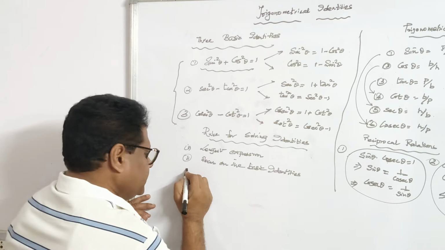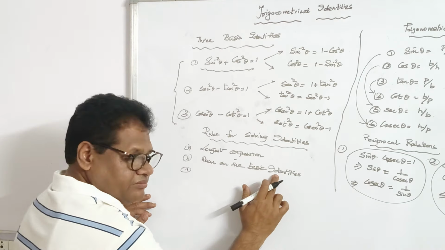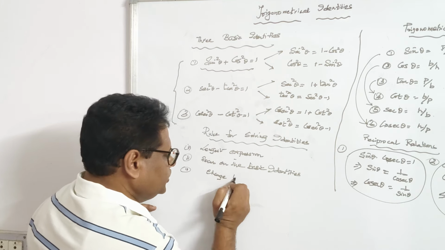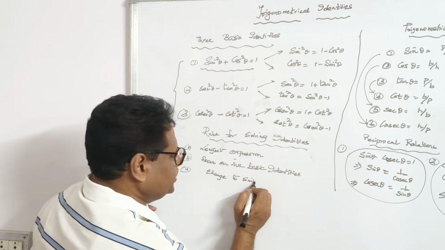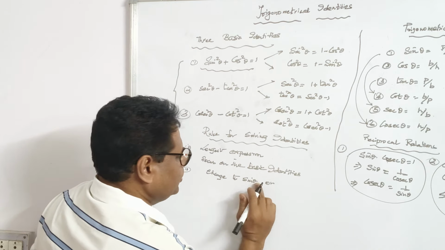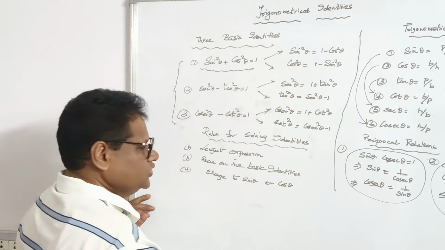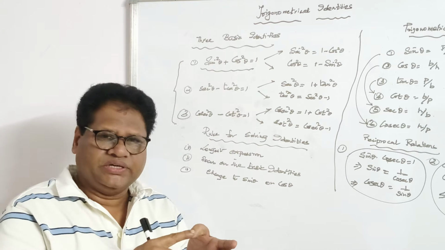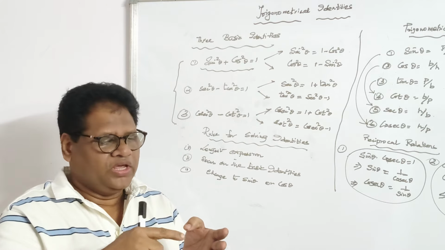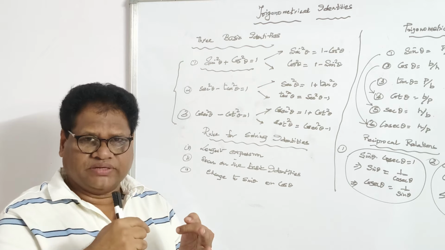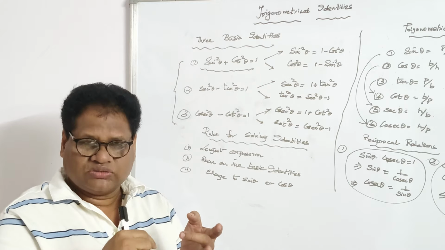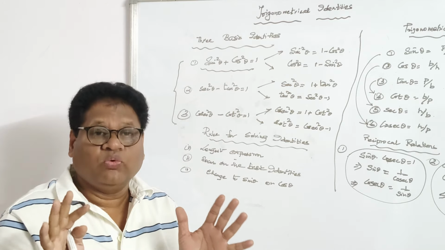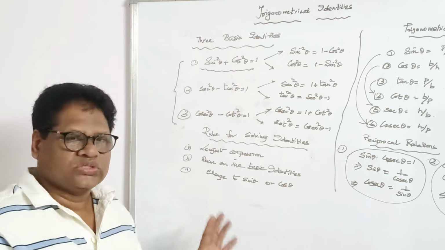Third, if this is not clear, then change to sin theta or cos theta. That means in the given expression, if there is tan theta, you can write sin theta by cos theta. If it is cot theta, you can write cos theta by sin theta. If it is sec, you can write 1 by cos, and if it is cosec, you can write 1 by sin. Let me tell you why I told you to express in sin cos.